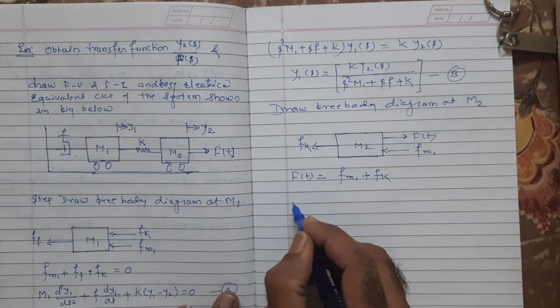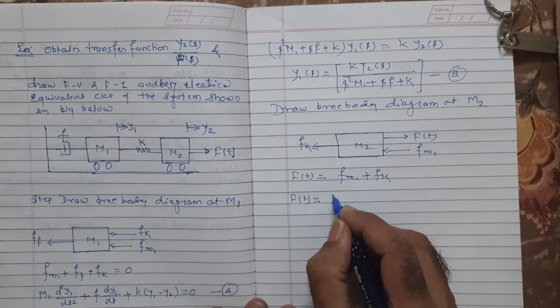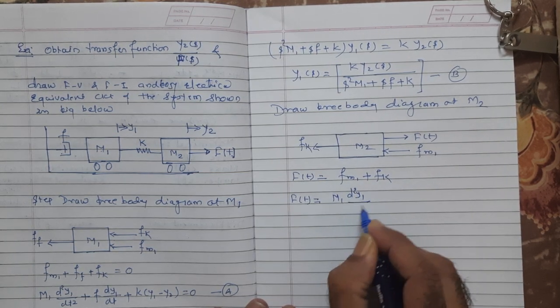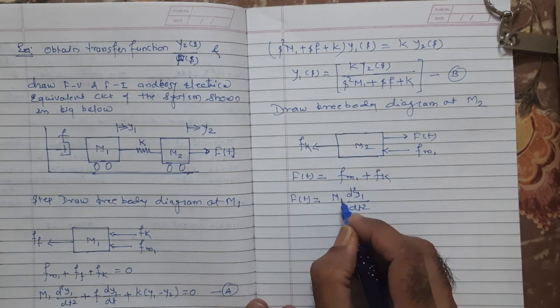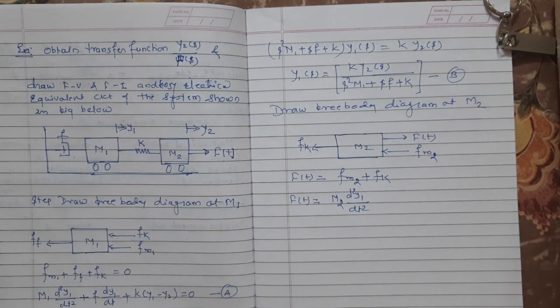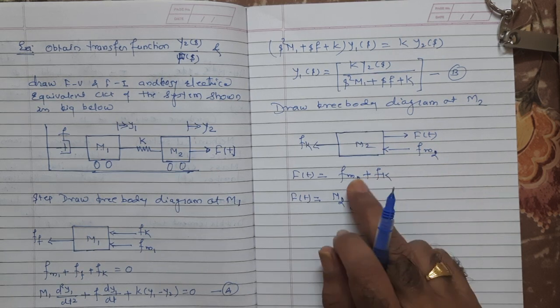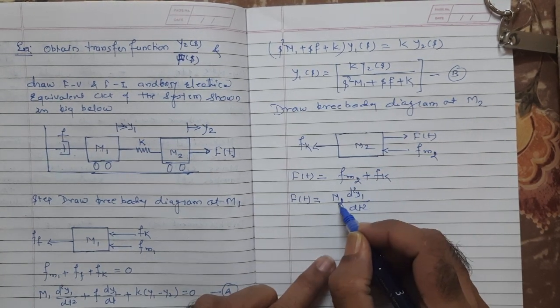Now f of t equals fm2, because this is because of the mass m2, so here the correction is m2.